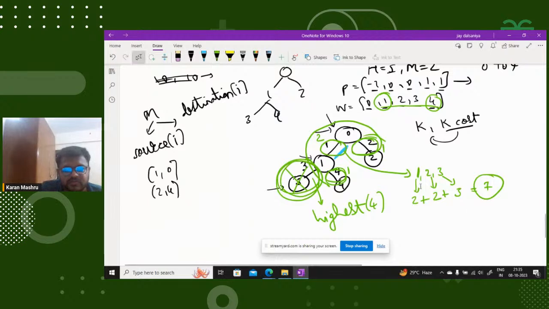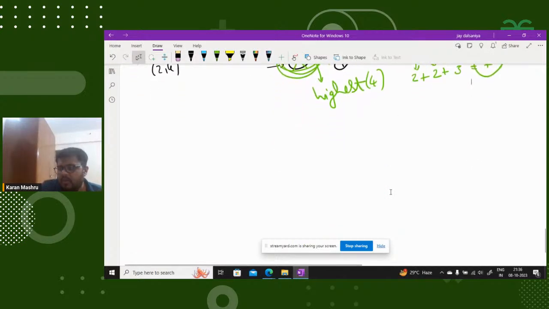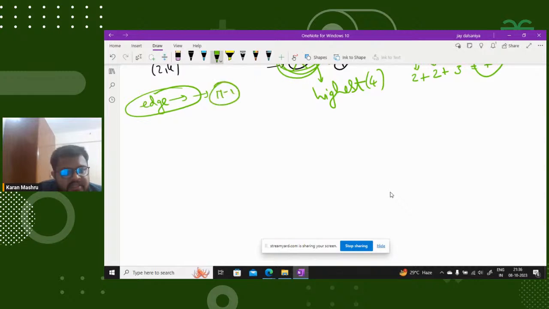Okay, so now let's move further. If I somehow calculate how many times each edge is coming, and make an array of it, there are n minus 1 edges. If I make an array of the count of how many times each edge is coming, then I will sort it in ascending or descending order. Suppose I sort it in ascending order.